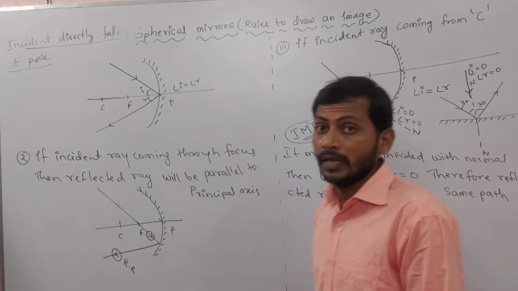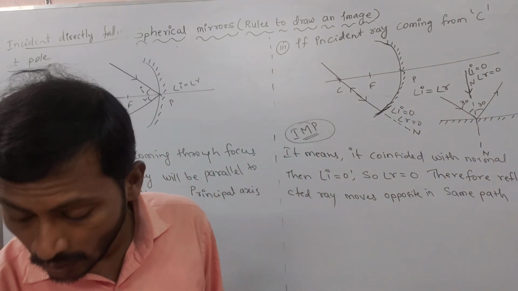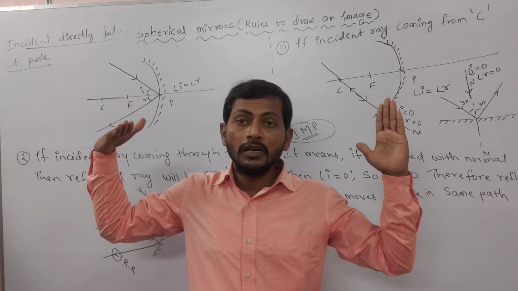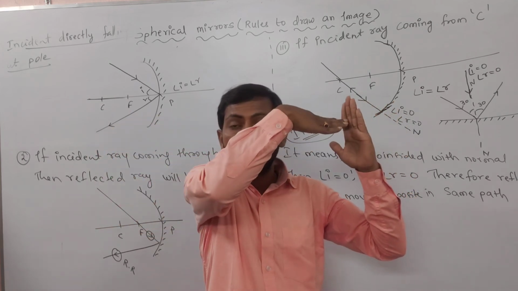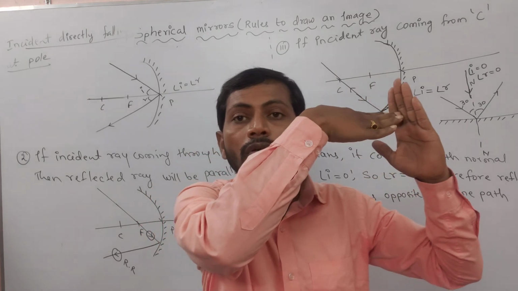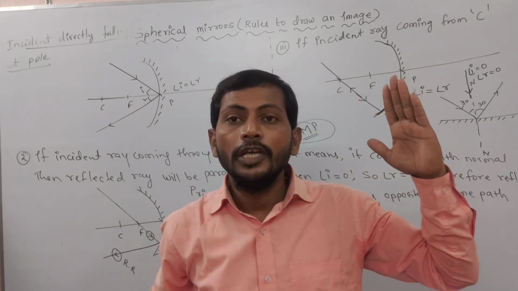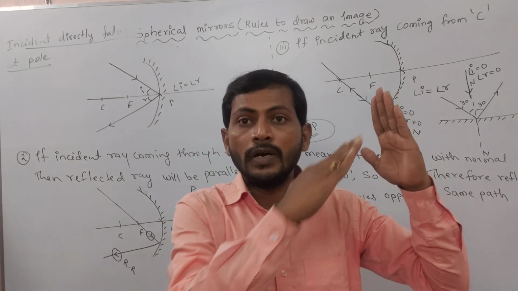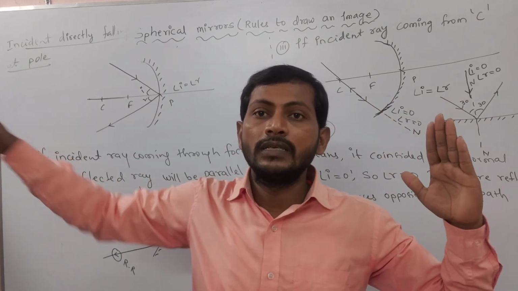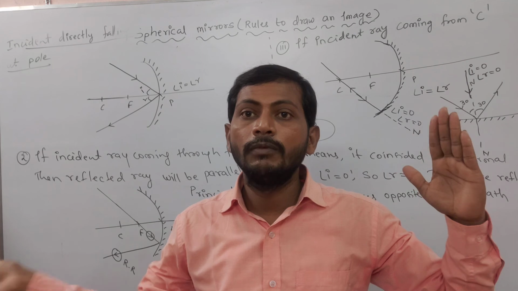Please, once I say it and ask, you have to say the answer for me. First one: if the incident ray is coming parallel to the principal axis, then please say the answer for me. It will pass through the focus. If the ray is coming through the focus, the reflected ray will be parallel to the principal axis. This rule is reversibility.